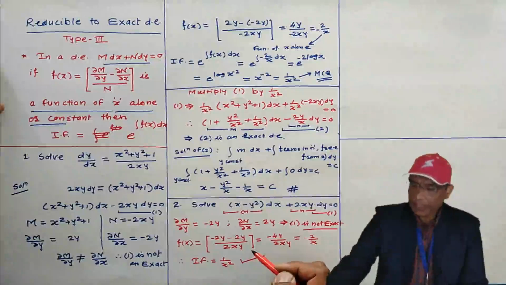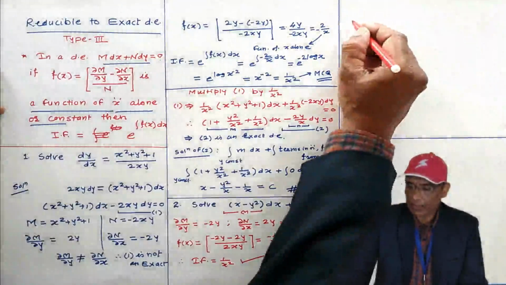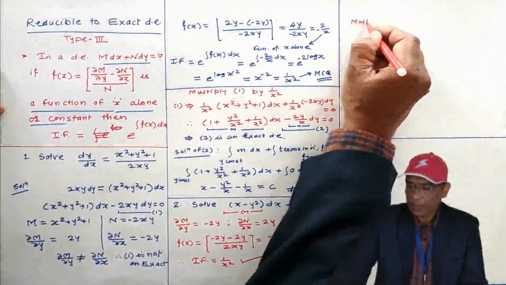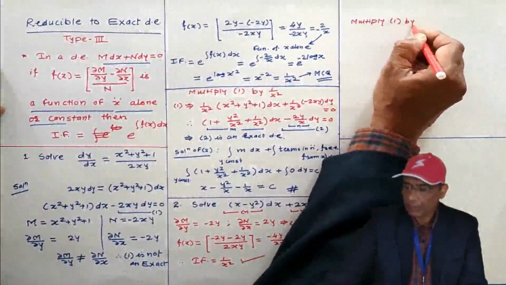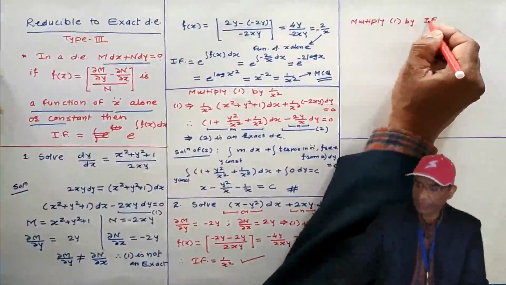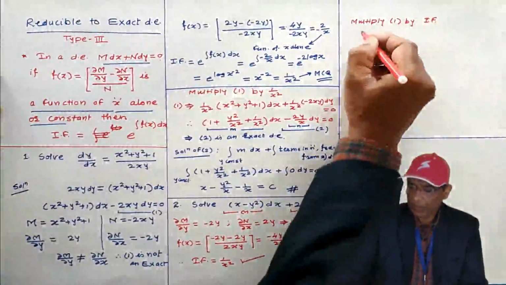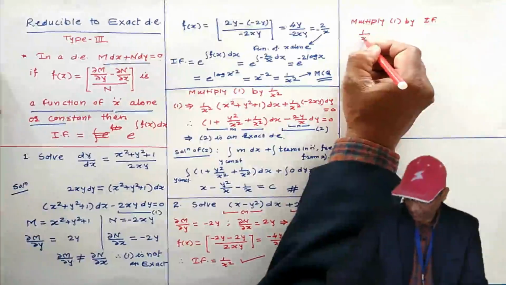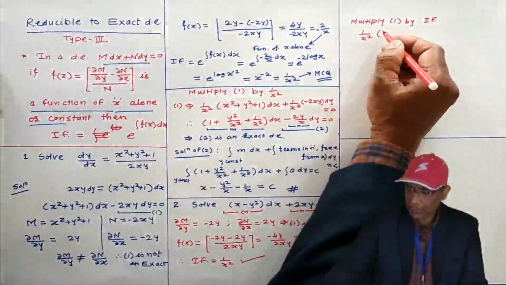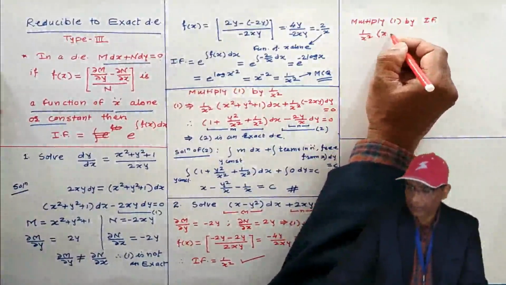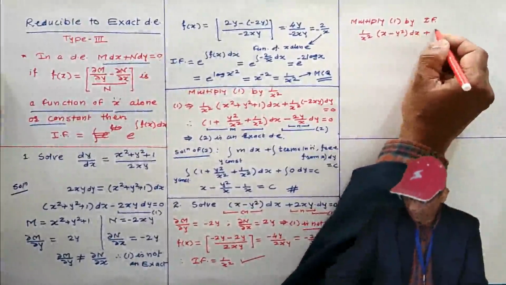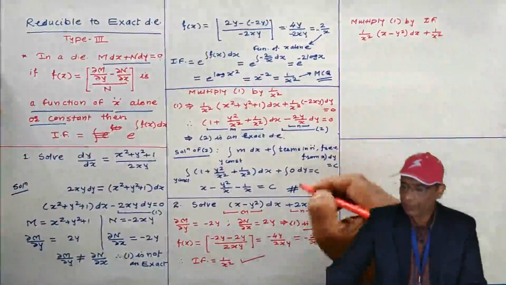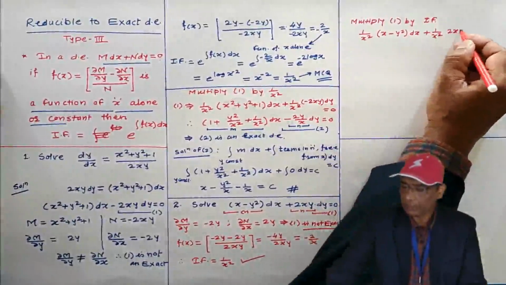In this problem, we have the same integrating factor. Now multiply equation 1 by the integrating factor. Multiply the given equation by the integrating factor. If you multiply this by the integrating factor, what will happen? So 1 by x square multiplied by (x minus y square), and 1 by x square multiplied by 2xy dy equals 0.